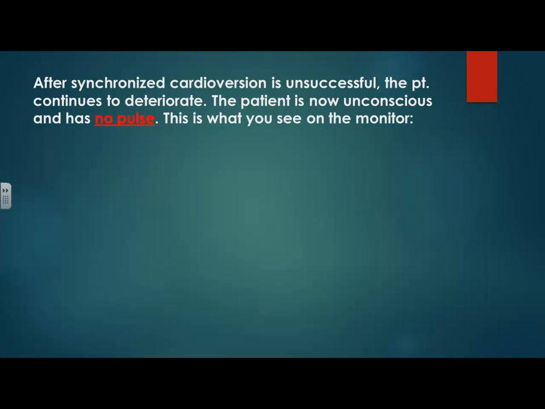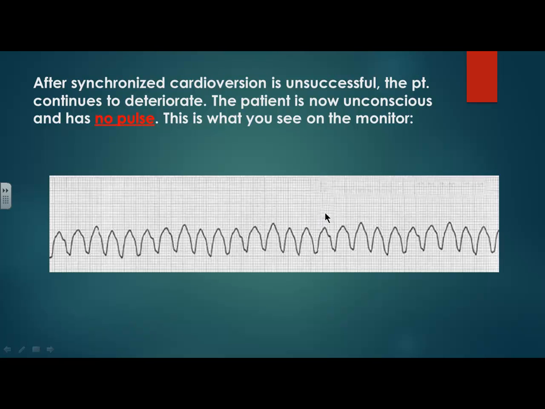Alright, so moving on. After synchronized cardioversion is unsuccessful, the patient continues to deteriorate. The patient is now unconscious and has no pulse. That's what you see on the monitor. Alright? So, this is a dynamic patient. Now, too fast, too slow, or not moving. We're going to look more at the cardiac tissue now.